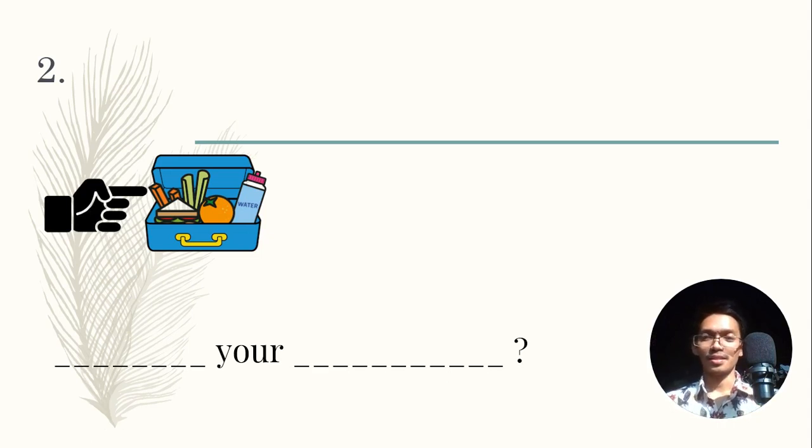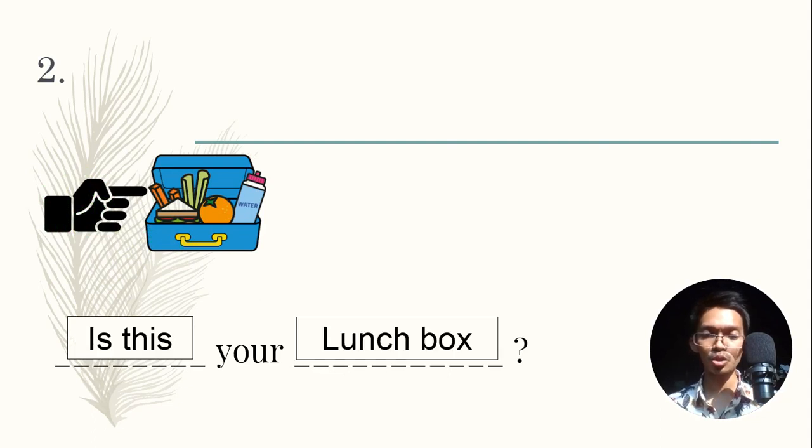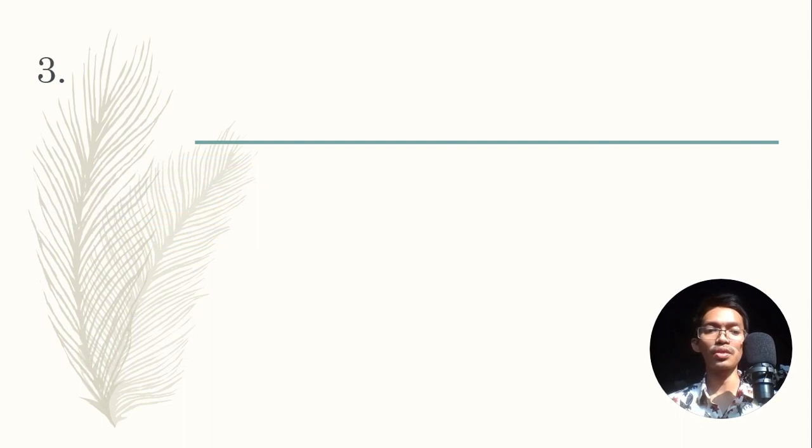You choose between this or these, because the item is very close to the finger's hand. The answer is: is this your lunchbox? So guys, remember, because this is a question, we put is in front. We have to start with is first. Is this?